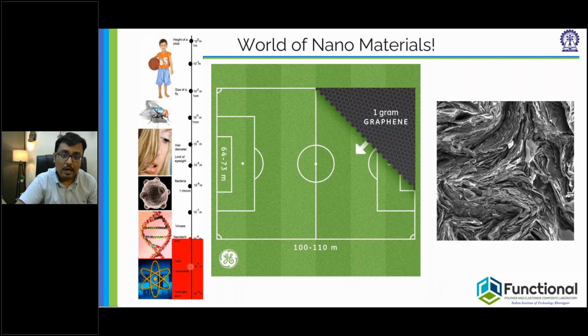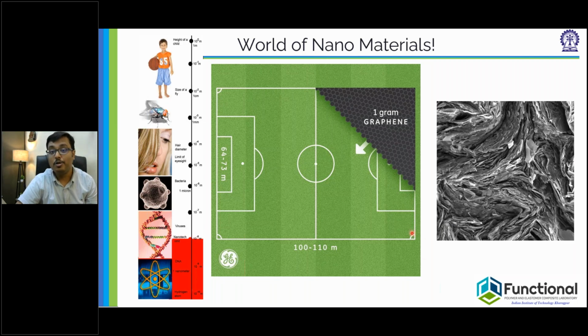Okay. Now, nanomaterials, in most cases, are very light, very low density materials. For instance, this is an image which I got from the General Electric website. What they are saying is, if you take 1 gram of graphene, I'll come in the next few slides to what exactly graphene is, you can cover an entire soccer field of this particular dimension.